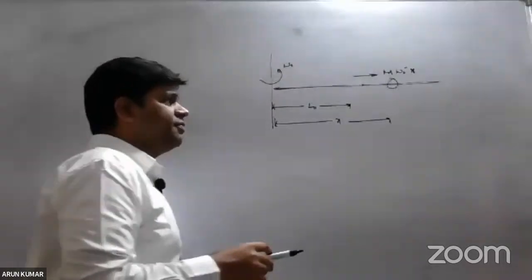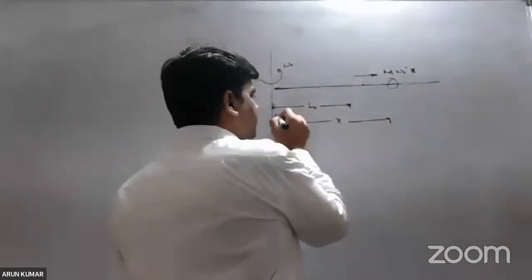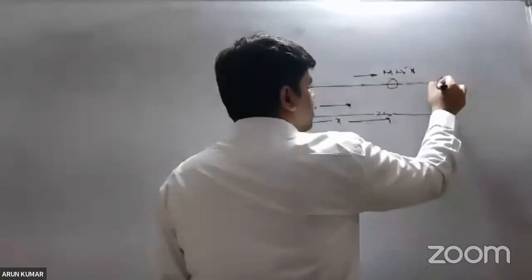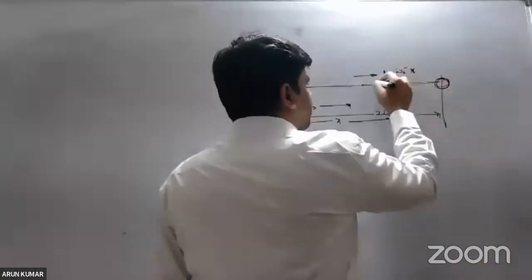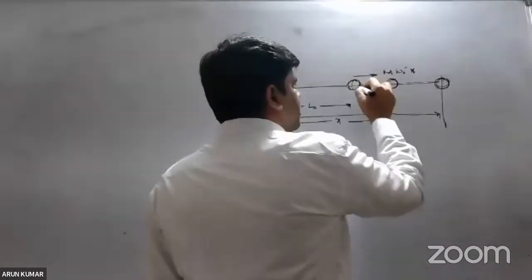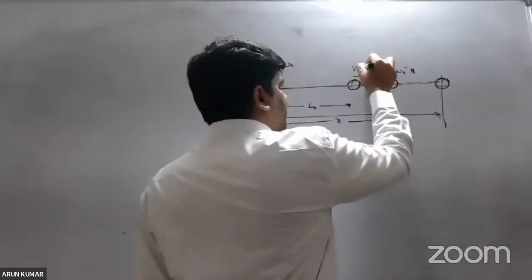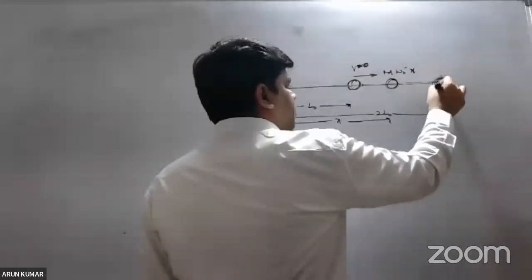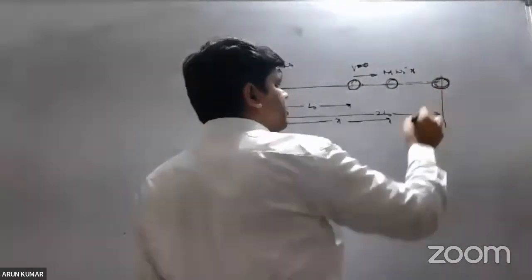So force is dependent on position. The question is how to determine the velocity when it reaches a distance of 2L. When the bead starts from here with v equal to 0, from rest, what is the velocity when it reaches a distance of 2L?